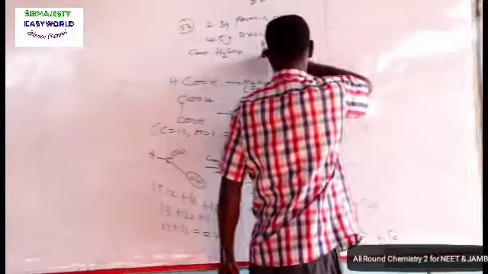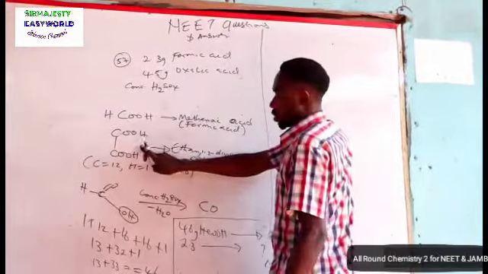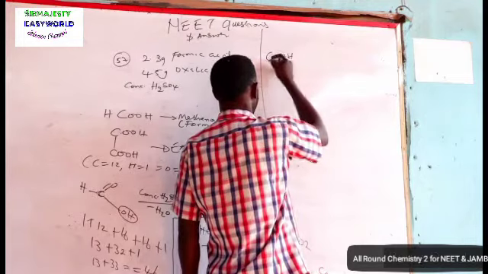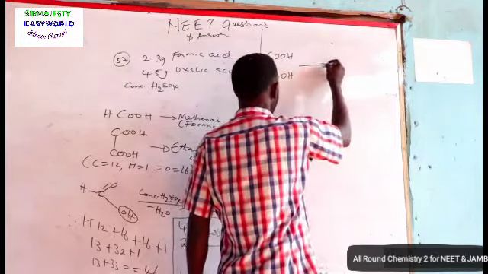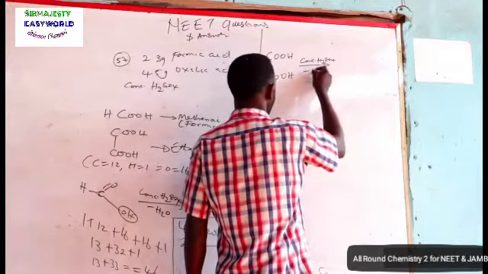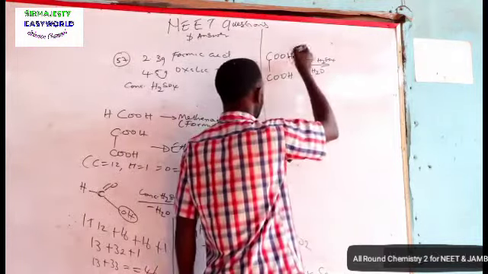Then the second fact from the question is, we have another acid here, which is oxalic acid. On treating it with conc H2SO4, it will still eliminate water. So the water eliminated here is simple.